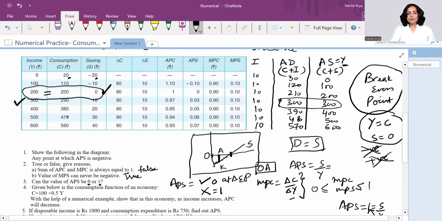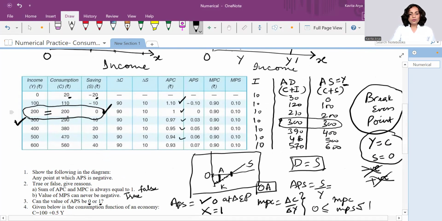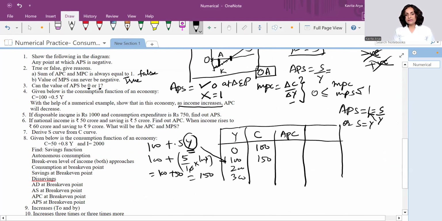And for sure, what would you have? You would have such a trend where APC would have a bigger value followed by some smaller values. And then you would show that as income increases, means you are increasing the income from 0, 100, 200, on every next step, APC is decreasing.